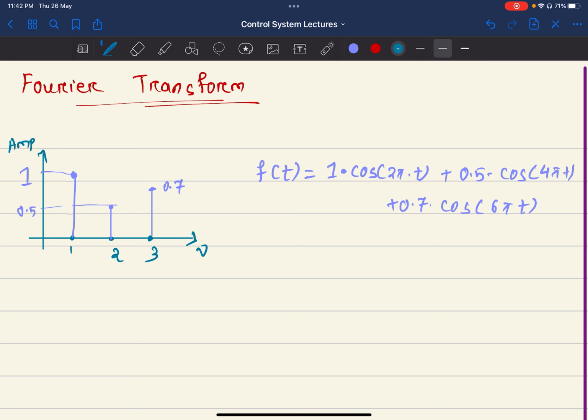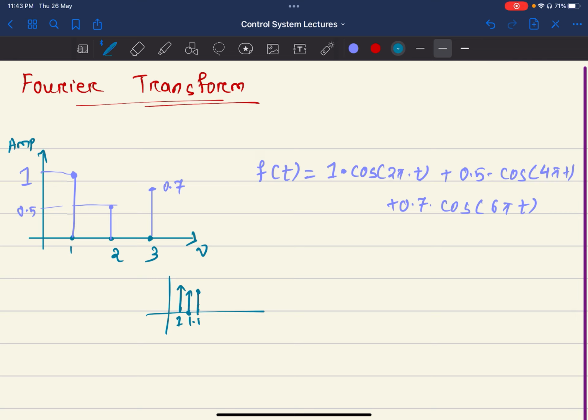When this gap is less, as soon as I decrease the gap, like at 1 hertz, then 1.1 hertz, the frequencies become more consistent, more continuous, with less and less gap, so more frequencies are available.